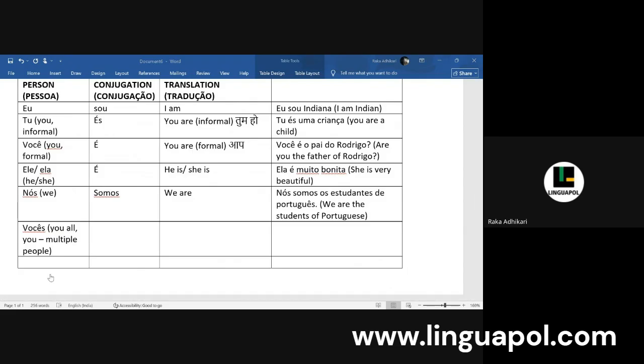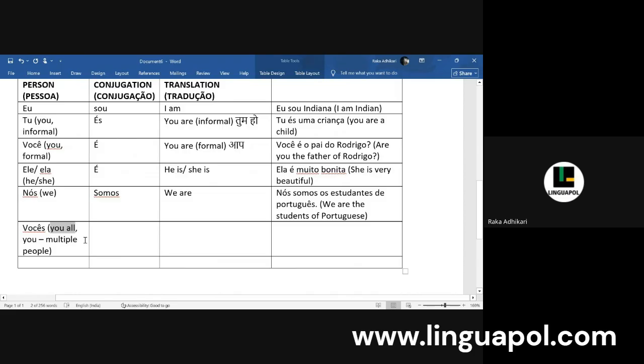We don't have a separate word for this in English. अगर मैं आप सबसे एक साथ बात करूं तो भी मैं आपसे पूछूंगी हाउ आर यू. But in Portuguese, I will say como vocês estão. When I'm talking to all of you together, then I'll refer to you all as vocês. That means I'm referring to multiple people. But in English, we use the same word, you. So the most we can do is say that this is you all.